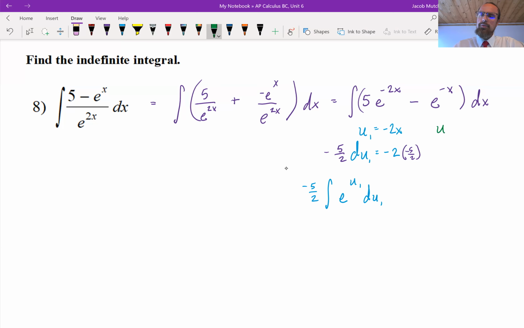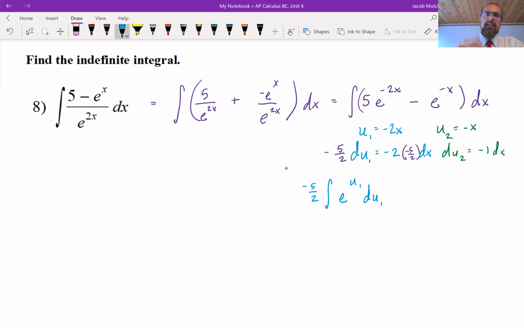I'm going to call u sub 2 the power here negative x, which means du sub 2 is going to be negative 1. And that's just fine because I actually have a negative 1 there already, dx. I'm going to need to make sure to put dx on both of those.